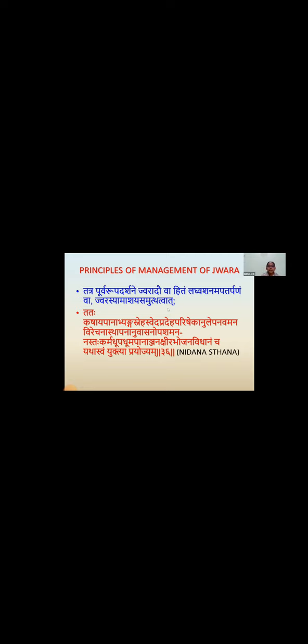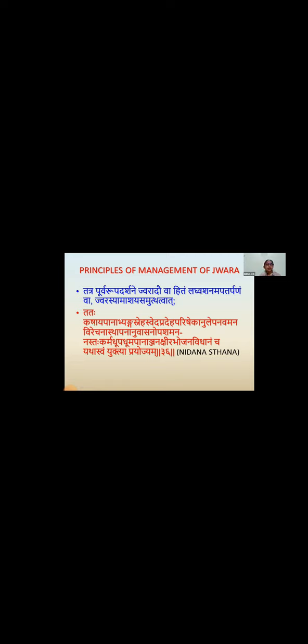The body itself tells us to take little food, that something is wrong with your agni or your body, so kindly take very light food, or do not take food at present. The body understands its condition and tells you indirectly by this distaste, tandrata, aruchi, asya vairasya, etc. So the first line of treatment will be hitam laguvashanam apatarpanam.